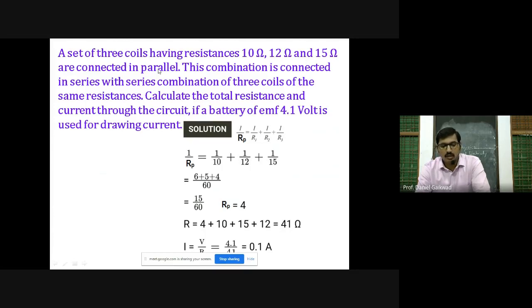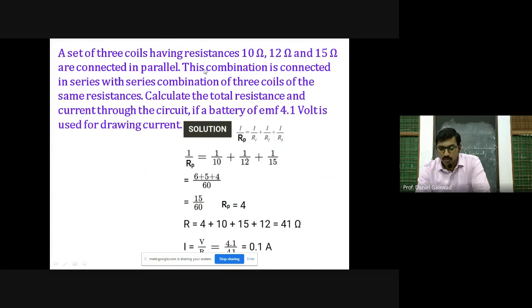Initially connected in parallel. So one set having 3 resistances all connected in parallel. Now check carefully, second sentence is very important. This combination means which combination? Parallel combination of all the three. This combination is connected in series with series combination of three coils.